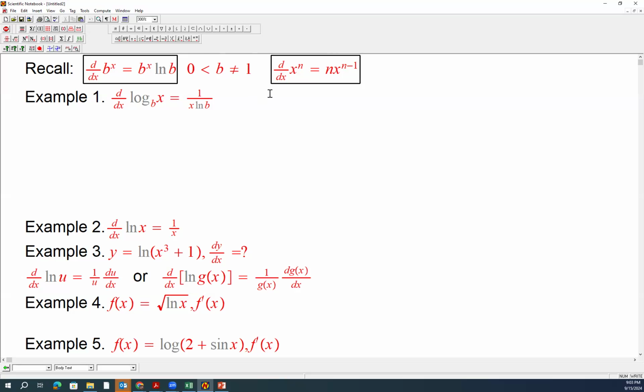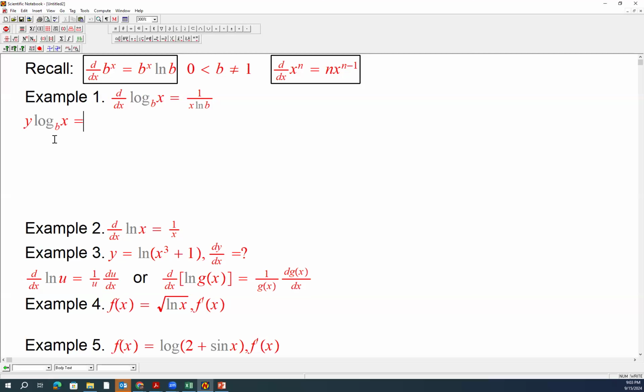In order to derive the derivative of log base b of x, we are going to assume that y equals that.